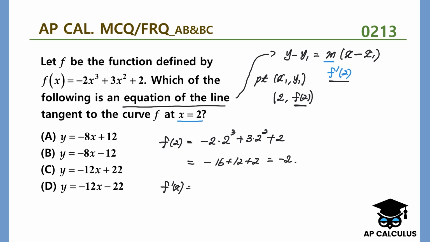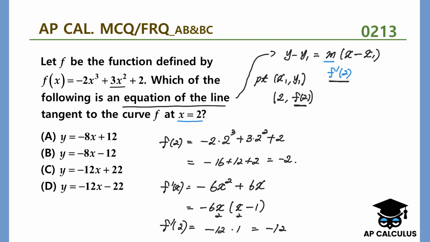F prime x is negative 6x squared plus 6x. So let's factor this. Negative 6x times x minus 1, right? So f prime of 2, if we substitute 2 here, that's negative 12 times 1, which is equal to negative 12.